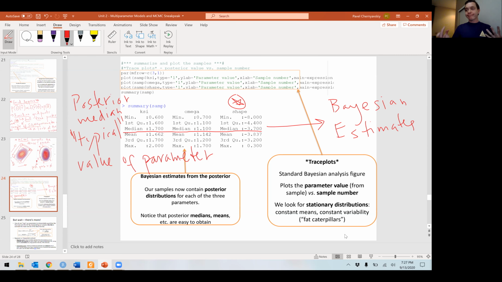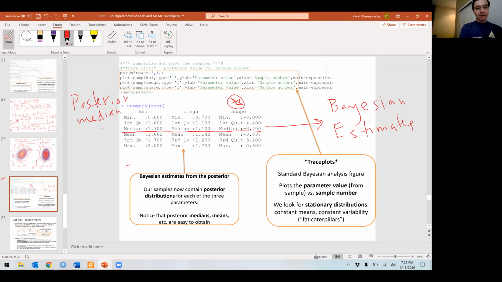To me, it is not as interpretable as the typical value. Remember, the median is also the 50th percentile.